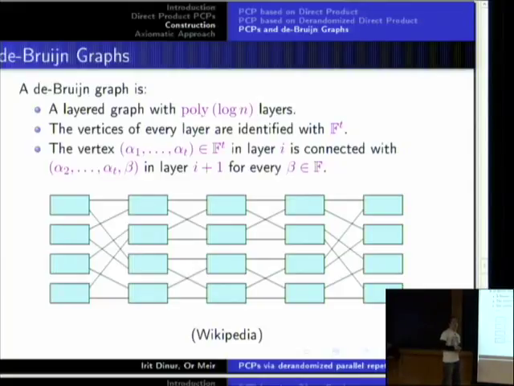And in order to know what the edges are, suppose we have some vertex alpha 1 to alpha t in some layer. If we wish to know to what vertices it is connected in the next layer, we do the following process. We take the vector, we shift it to the left 1 step, and then we add an arbitrary field element at the right.